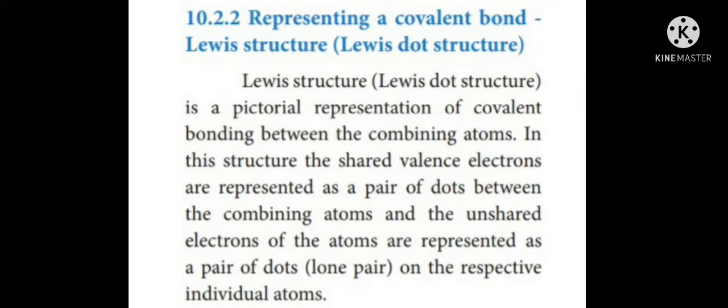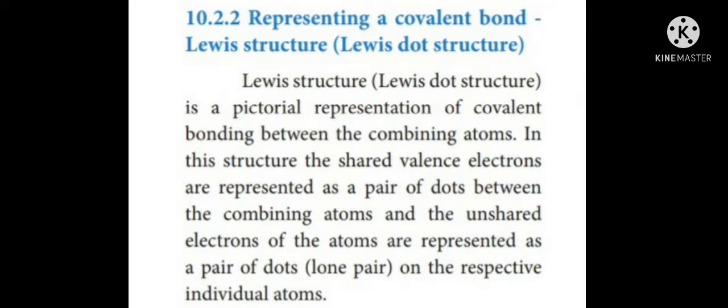We have two types of valence electrons, namely shared valence electrons and unshared valence electrons. The shared valence electrons are otherwise called bond pair electrons, which means the electrons involved in the bonding.